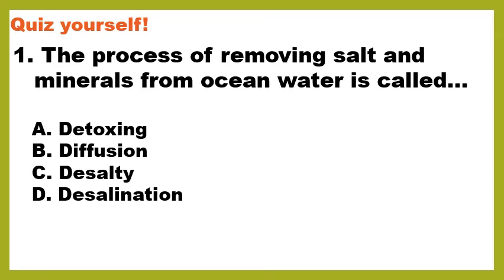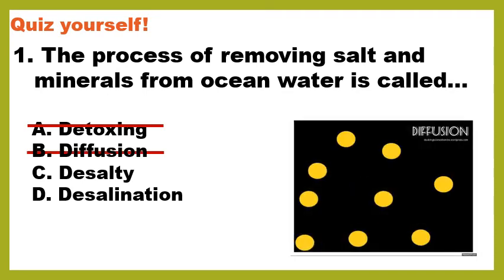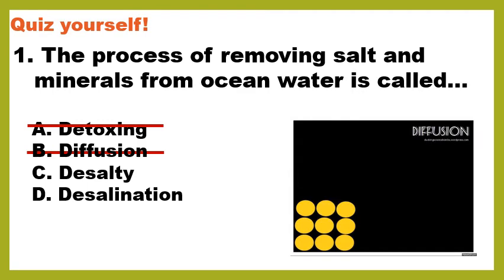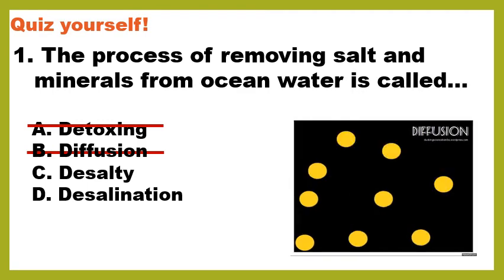What do you think? I'm going to get rid of detoxing because detoxing is when you remove toxins from an organism or an environment, and minerals and salt are not considered toxins. I'm also going to get rid of diffusion because diffusion is the process of particles moving from a high concentration to a low concentration.